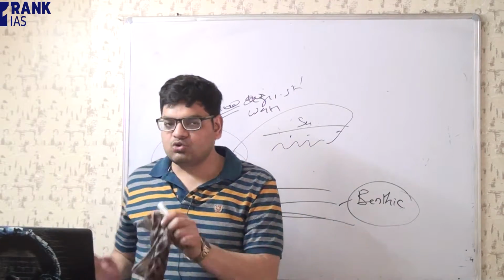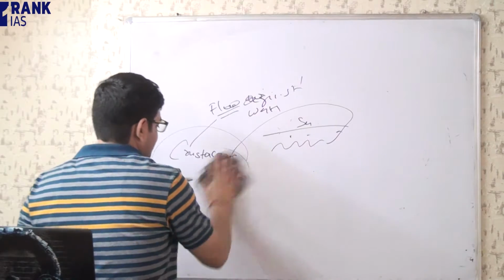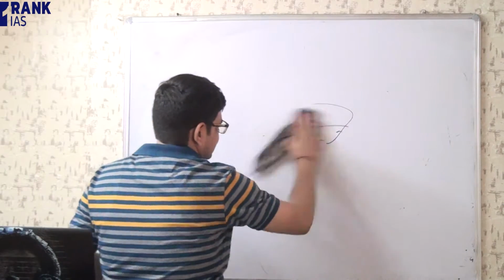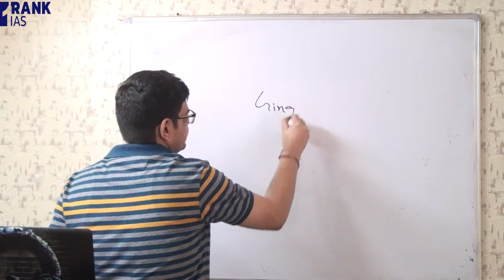Now there are two species of ginger. Ginger is a very common spice which we use almost every day in our food and drink preparations.